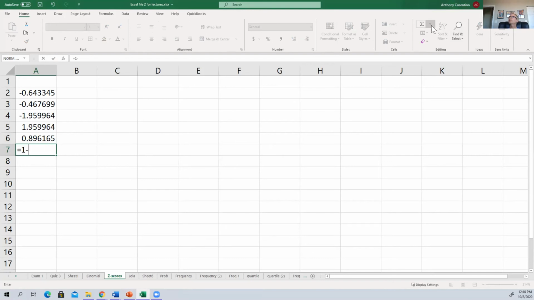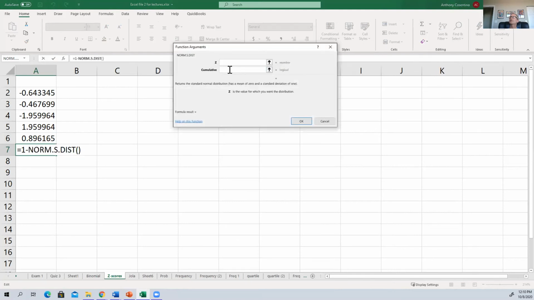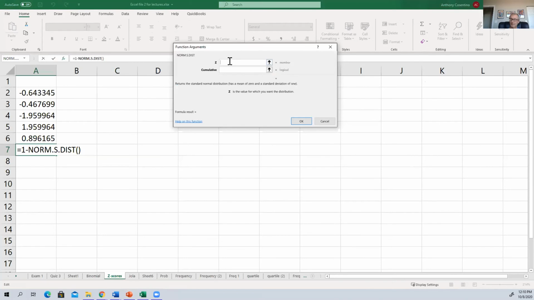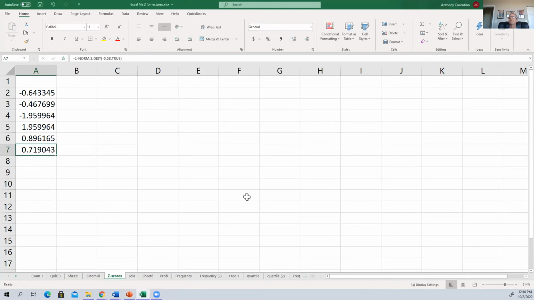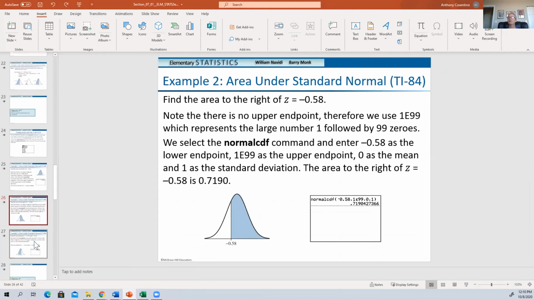And then if you bring up that formula, the z-score, what was the z-score? I forgot already. -0.58. And remember, this is always true. And if you let it do that calculation, you can see you get 0.719. And you can see you get 0.719 with your calculator as well. So the good news is the exact same answers moving forward.